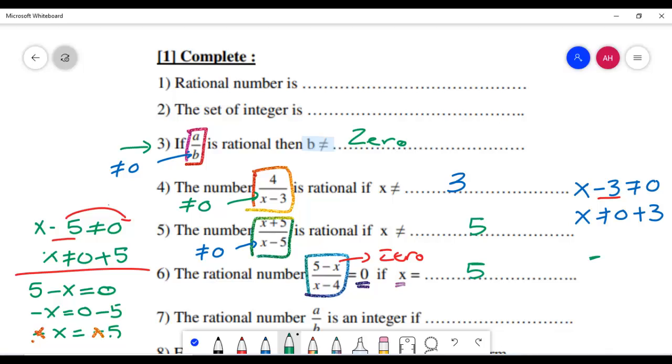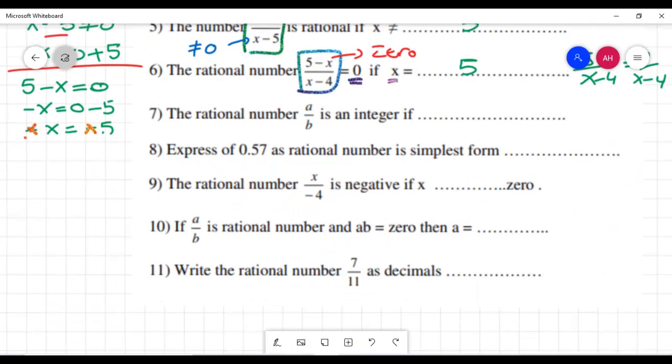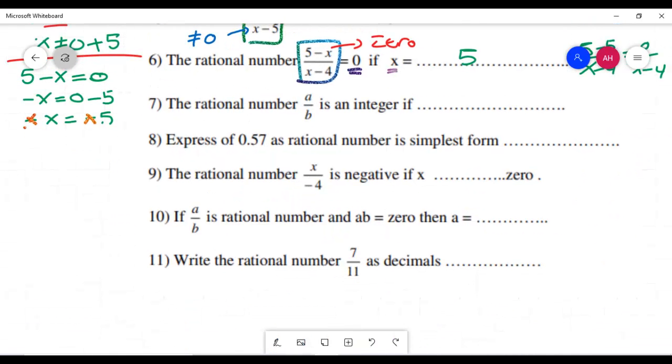If we check now, you will find that 5 minus 5 over x minus 4 is equal to 0 over x minus 4. And this is exactly what I need, my numerator to be 0. Let's go for number 7. The rational number a over b is an integer if... Where should I know that?